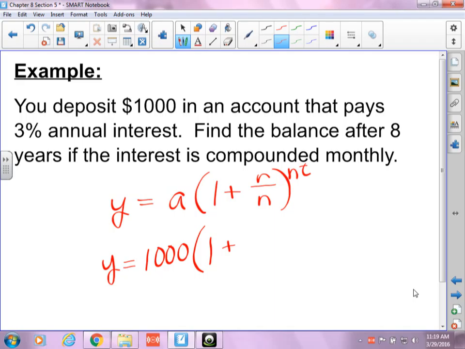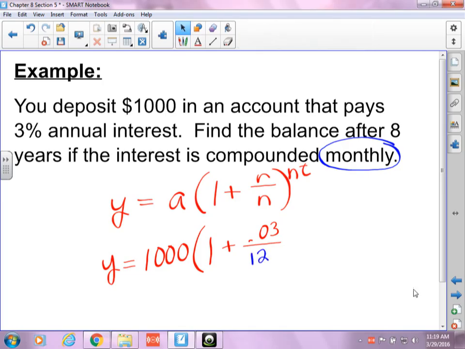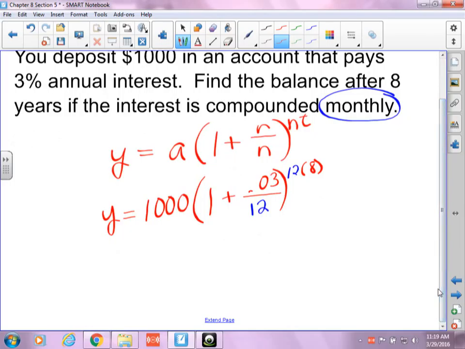It's 3%, so I'm going to write 0.03. Okay? Now my N. How is it compounded? It's compounded monthly. So I'm going to put a 12. And I'm going to put a 12 here. Okay, and then how many years? 8. Questions?